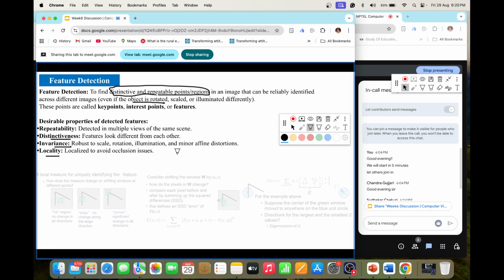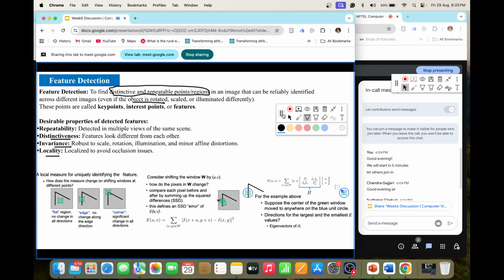You can see these three images that you must have already seen in your lecture. They distinguish between a flat region, an edge, and a corner.